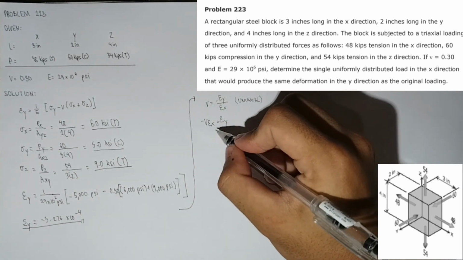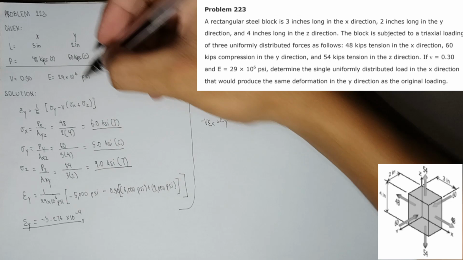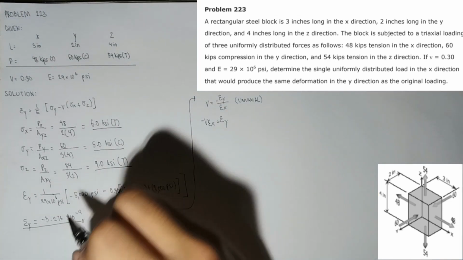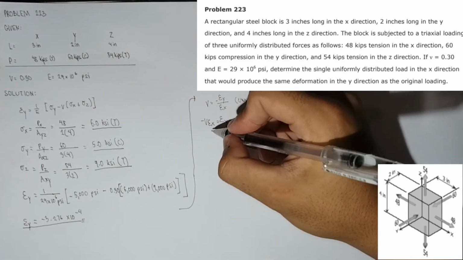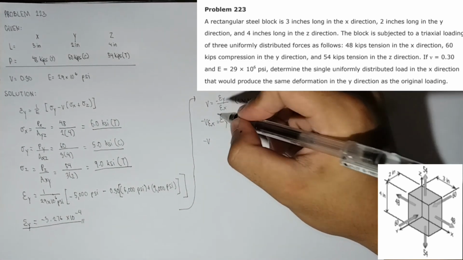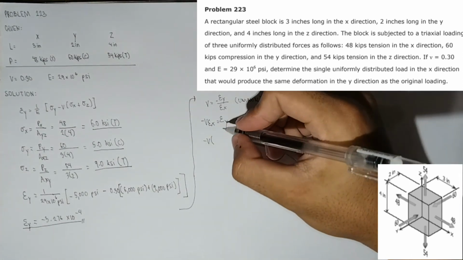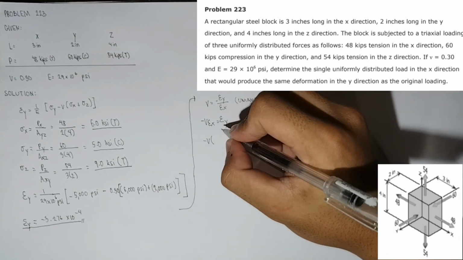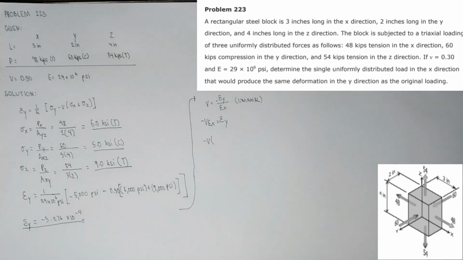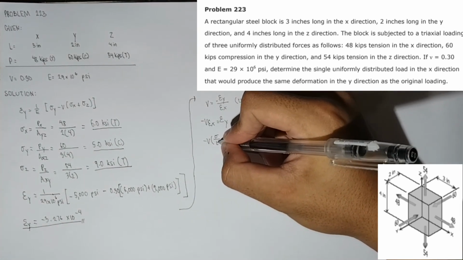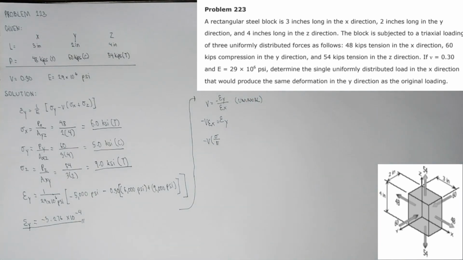In this formula, we only have this V, which is 0.30, and this strain in Y. So in negative V, we can replace this EX, based on Hooke's law, by stress over modulus of elasticity.